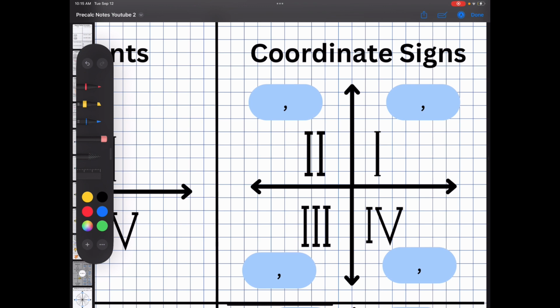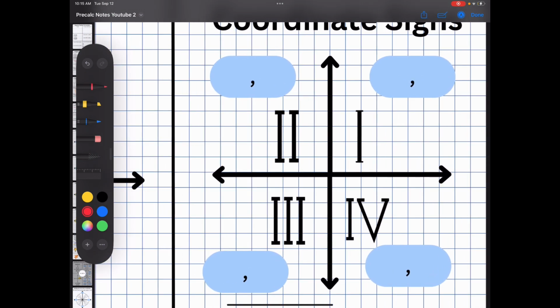So when I'm in quadrant 1, let's take this point for example. This would be the coordinate (4, 3). My x value of 4 is positive and my y value of 3 is also positive. And this is because I'm going in the positive x direction and in the positive y direction as well.